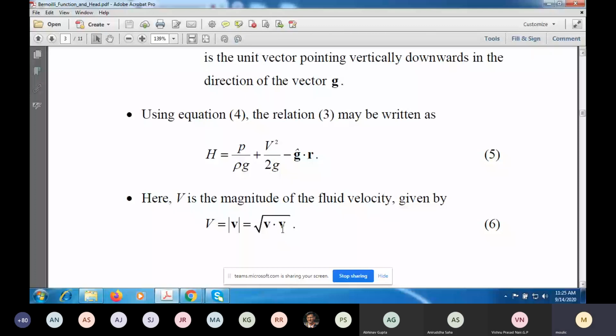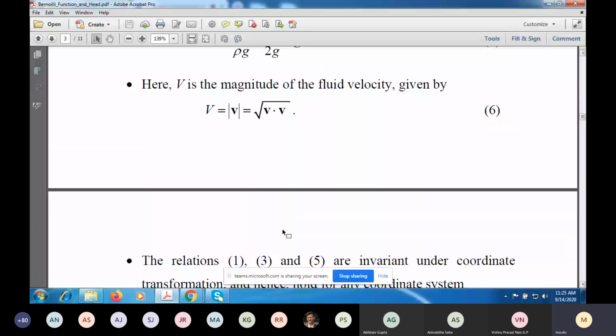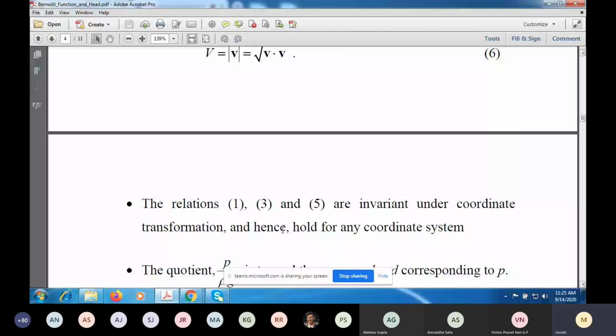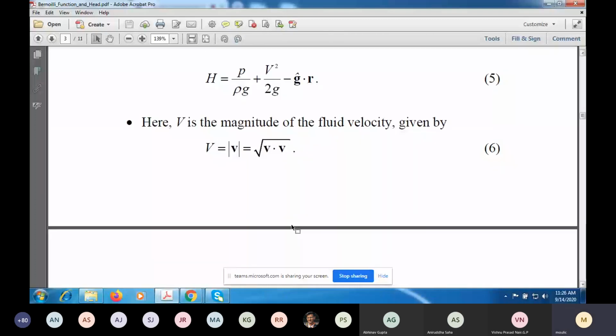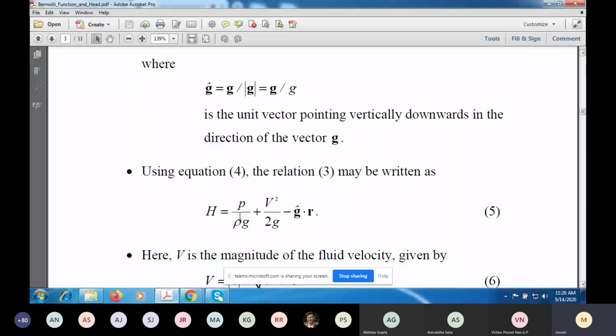Now these relations that I've written, I've numbered these equations because I'll be sending this to you and you can look at it later on. Okay. These are invariant under coordinate transformation and they therefore hold for any coordinate system. Now, if you look at the first term here, P upon rho g, this is called pressure head.